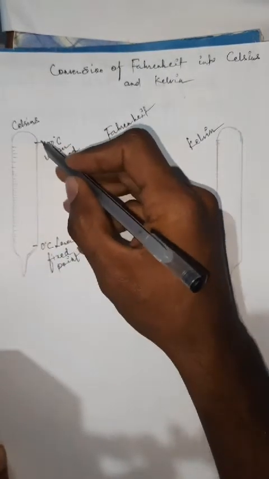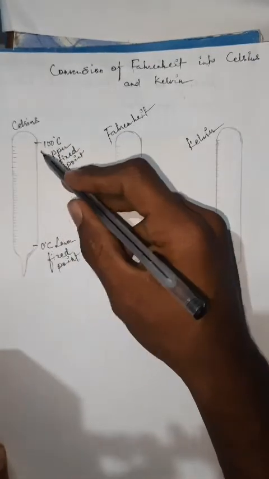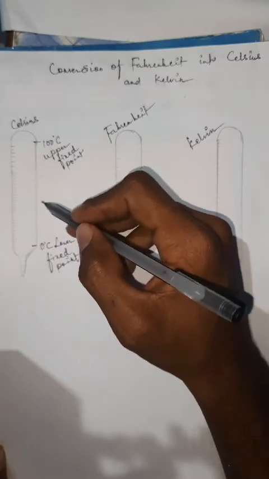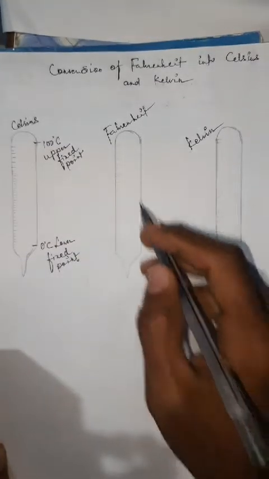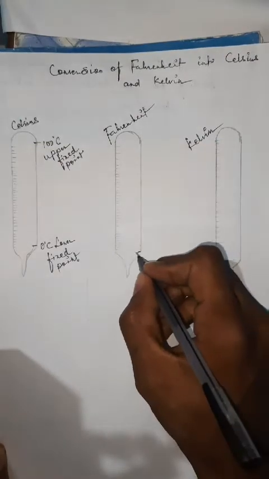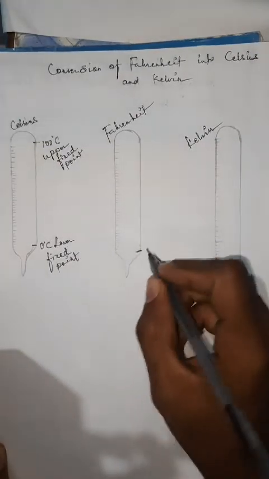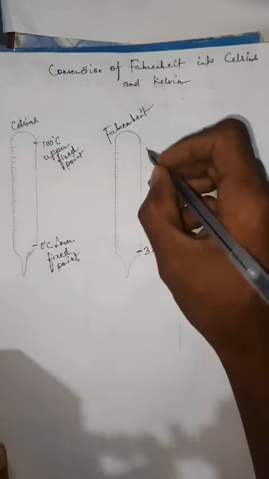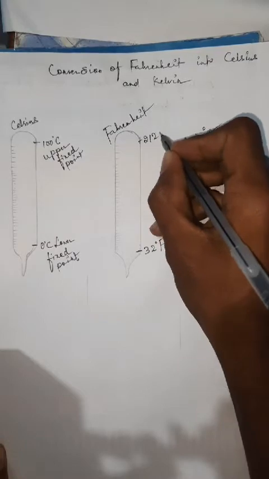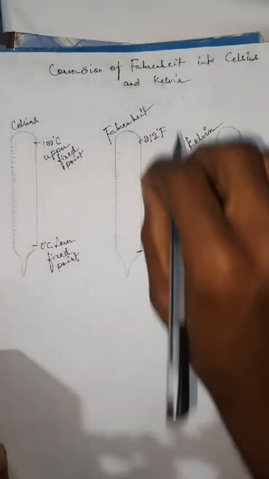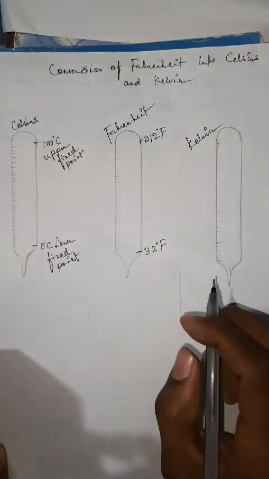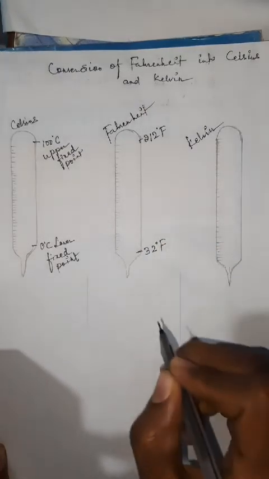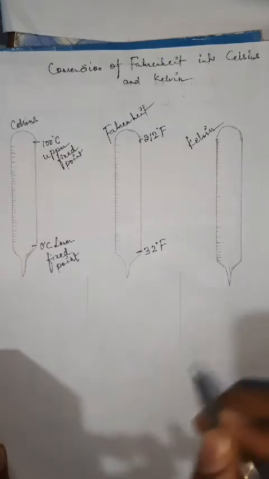In Celsius scale, the distance between freezing point and boiling point is equally divided into 100 divisions, whereas in Fahrenheit scale, the freezing point of water is 32 degree Fahrenheit and boiling point of water is 212 degree Fahrenheit. Only these two things you have to remember, and you can derive within 10 seconds what is the relationship between Celsius, Fahrenheit, and Kelvin.